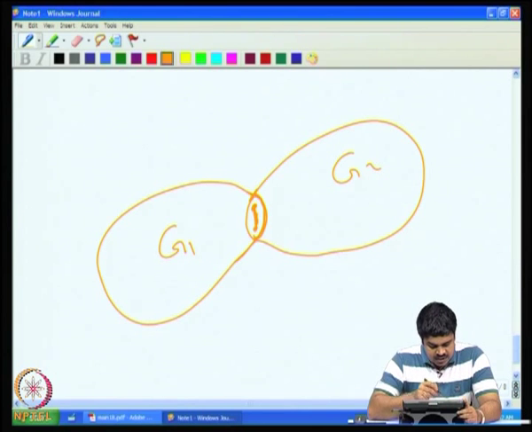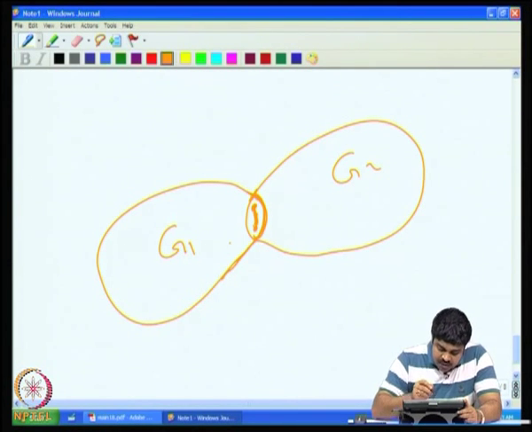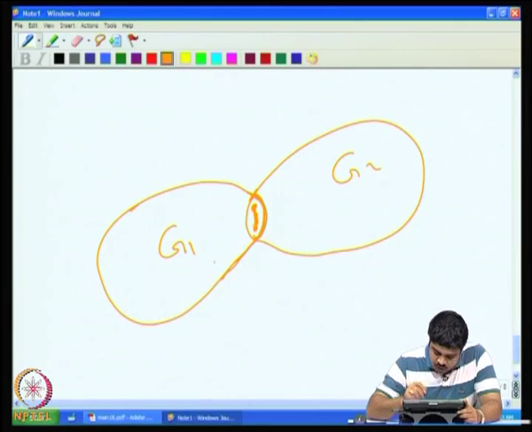Intuitively, this is the reason: suppose such a minor is introduced. You can see that because it is a 2 connected graph, even if the edge is not there, the minor which got introduced here has to be totally from G1 or totally from G2.